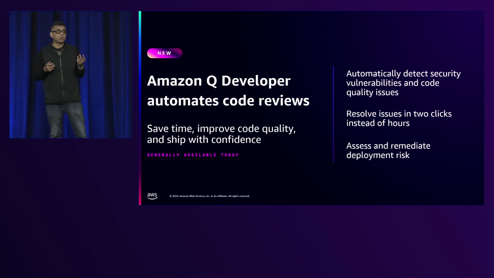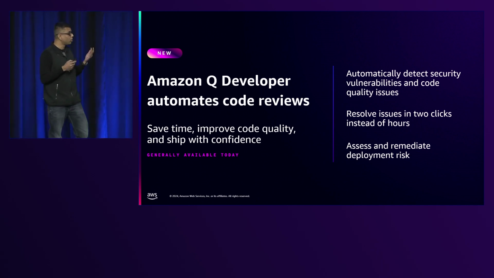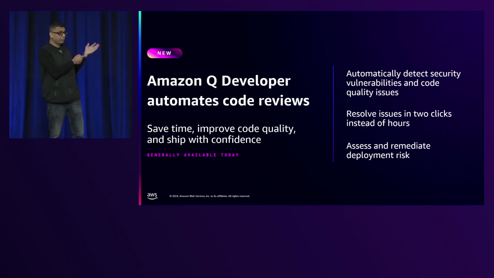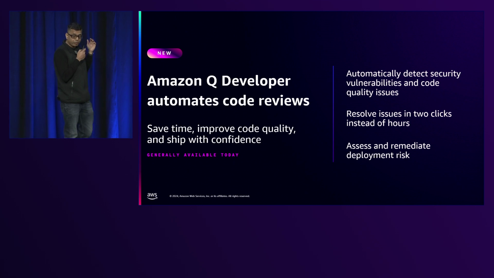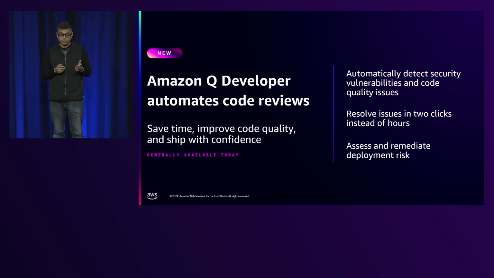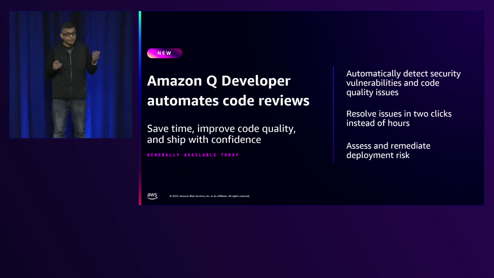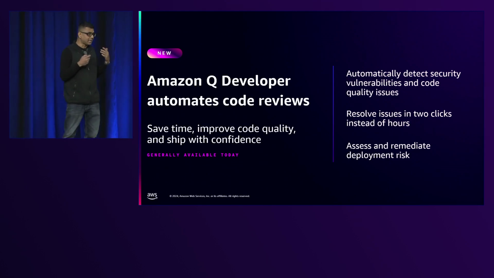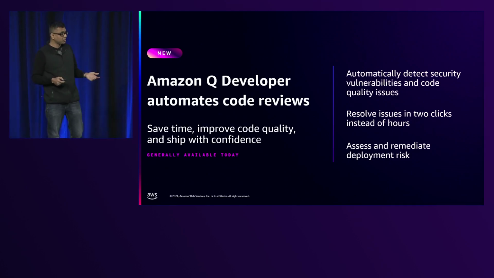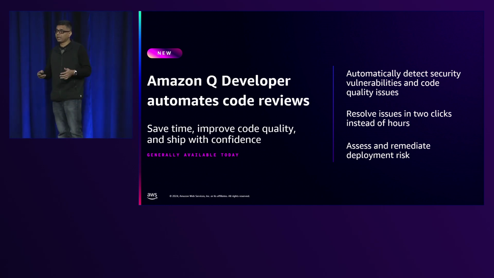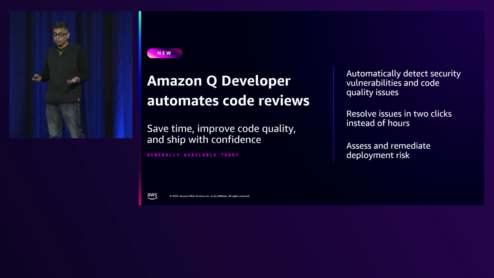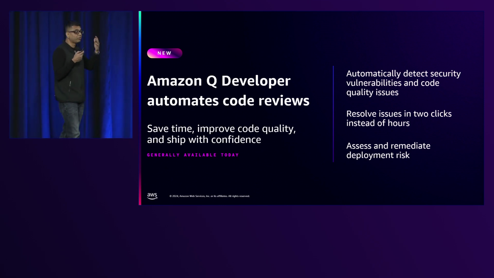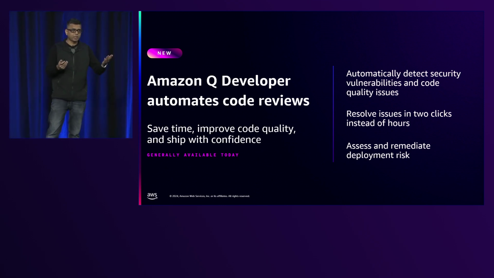What if there was some sort of capability that would automate this code review process for me even before I commit the code, which is what we've done exactly. So we are very thrilled to announce an automated code review agentic capability that's going to detect issues for you prior to submitting the code, whether it is SAST issues, SCA issues, or code quality issues, like whether you've written suboptimal code, or maybe you've chosen the wrong data structure, or you might have written a function multiple times and there is duplication in the code.